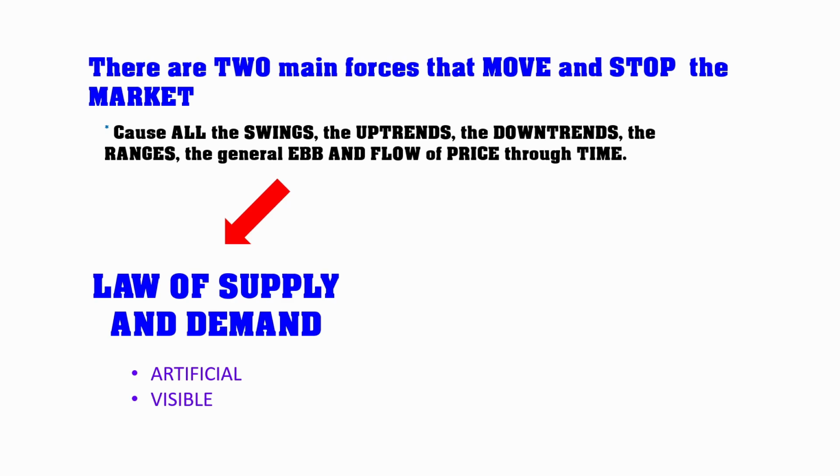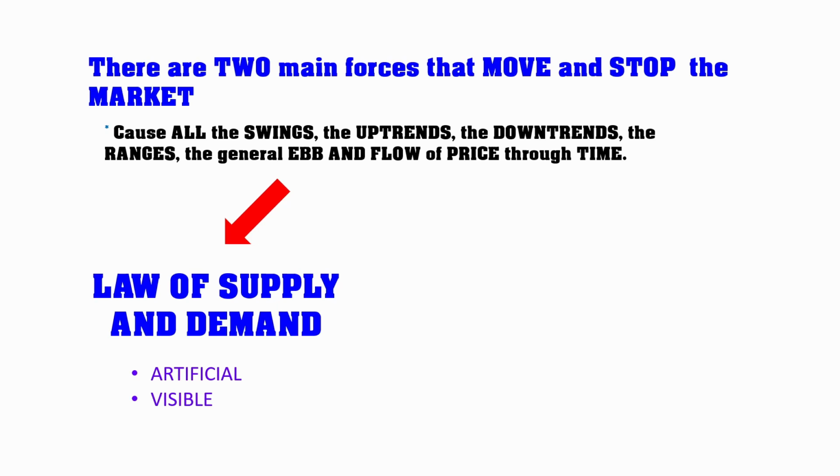And it is visible, because we can see easily the cause and effect relationship in this law when it's operating. We can see the volume, we can see the quantities, and how this affects the price of any underlying asset, including, of course, the financial markets, the stocks, the commodities, and everything that has a price.